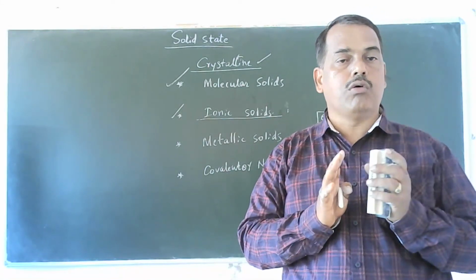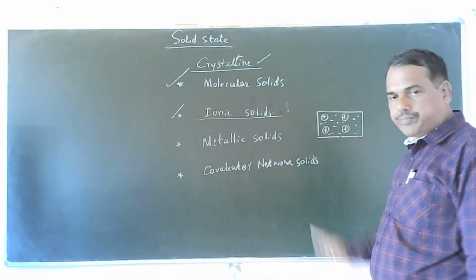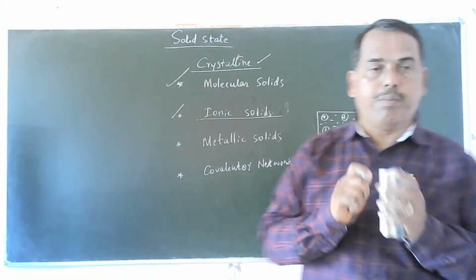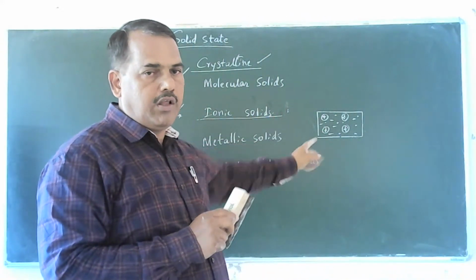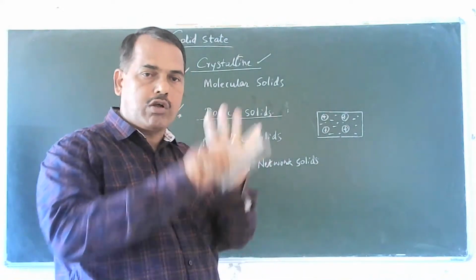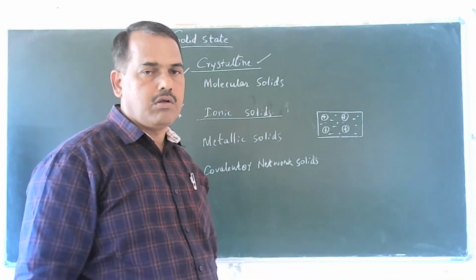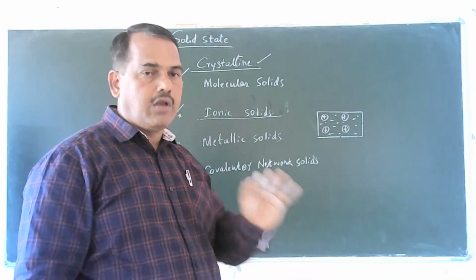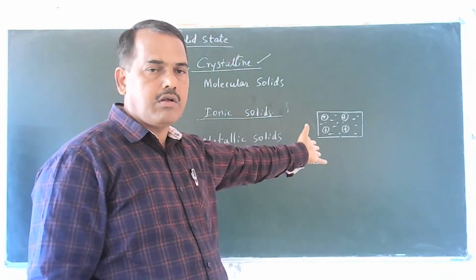Okay, so how to remember the metallic solid? In the metal lattice, as shown in the diagram, the positive part is surrounded by, delocalized by a sea of electrons. Particularly, they are called sea of electrons, and therefore the electrons are free to move in the entire lattice.